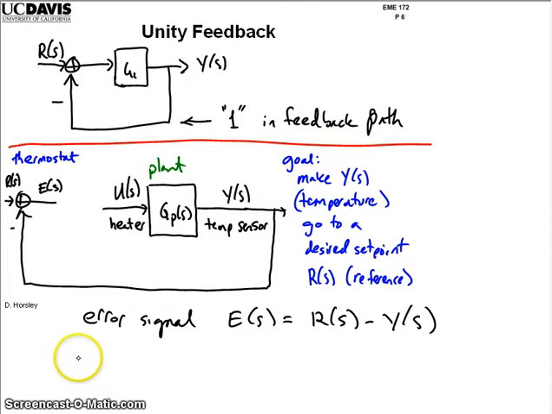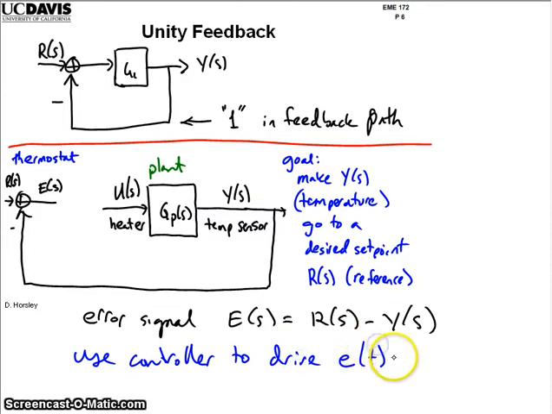So we're going to use a controller to drive, I'll write it in the time domain, e of t to 0. Eventually, when e of t is 0, that will mean that E of S, the Laplace transform of the error, is also going to be 0.